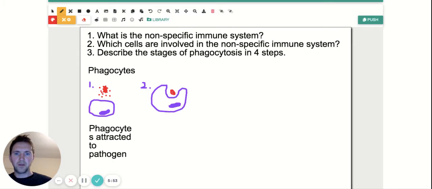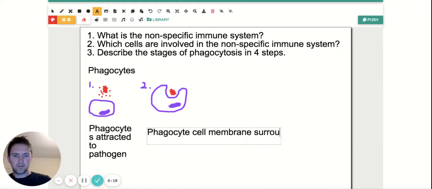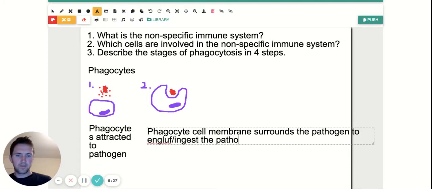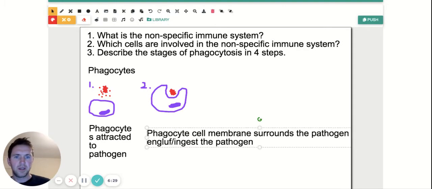What it's doing there is engulfing or ingesting the pathogen. I make a clear point about that: you want to be saying ingest or engulf, not eat. You won't get a mark for saying eat. So that step you should be saying engulf or ingest.